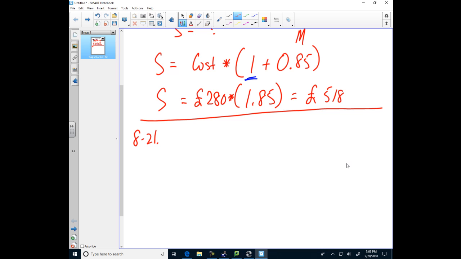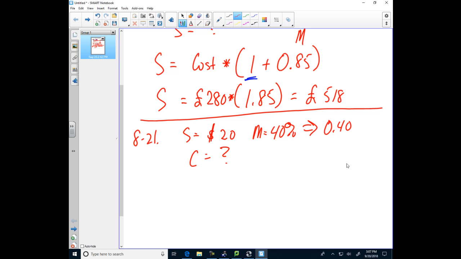Let's write down here what we got. We know S equals what? $20. We also know what? We want how much? M equals 40%, which is actually 0.4. And what are we looking for? We're looking for C.